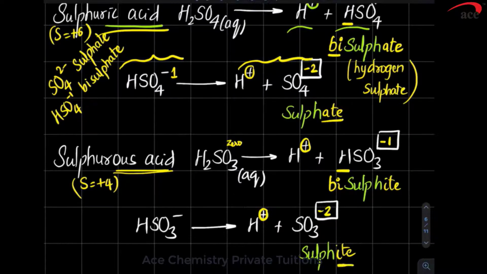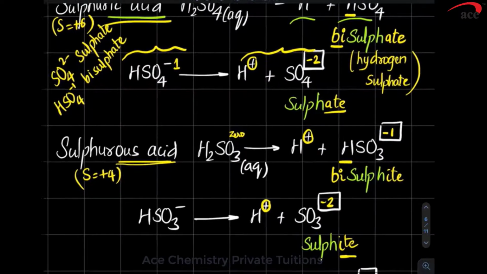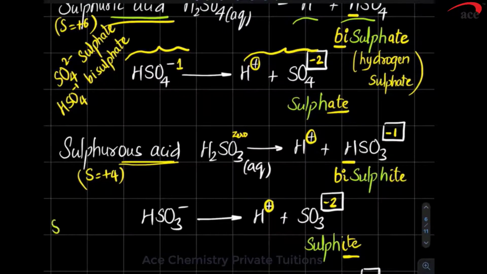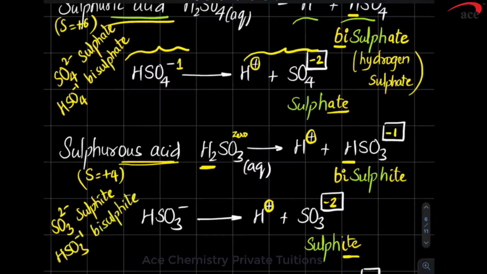So what's the learning in this case? SO3 2 minus. Why 2 minus? Because there are 2 H plus removed. It gets the name sulfite, while HSO3 with a charge of -1 gets the name bisulfite.